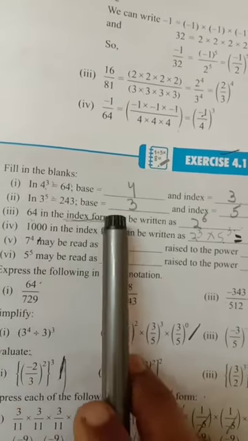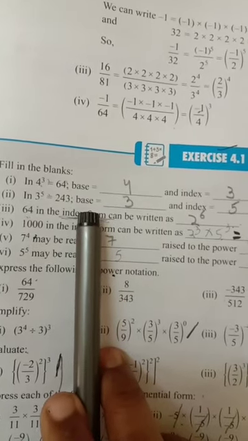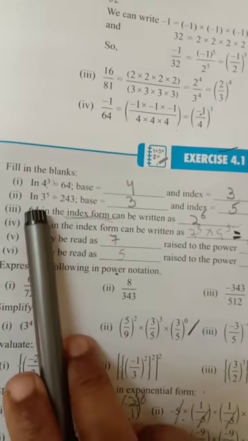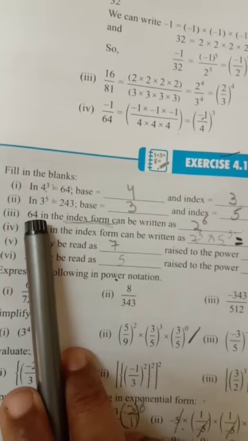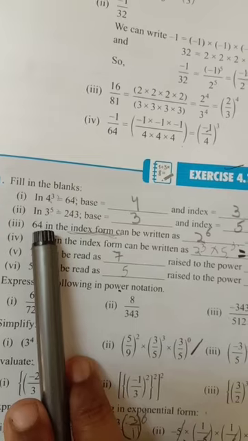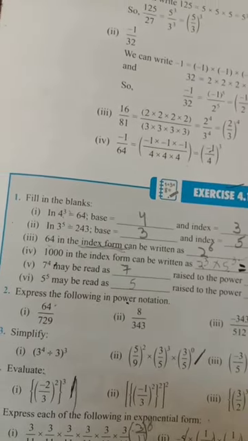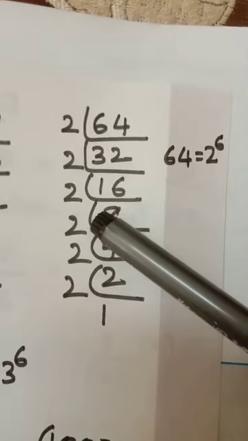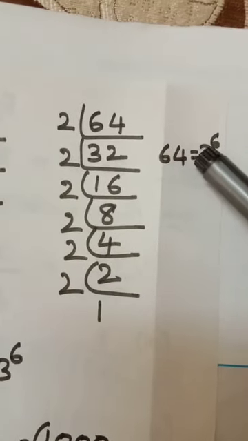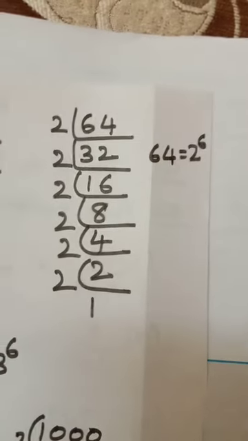If you want 64 in index form, exponential form, power notation form, you have to factorize 64. Factorization you already studied in 5th class, for finding the LCM. 64: how many 2's are there? 6 2's. You multiply 2 six times, you will get 64.